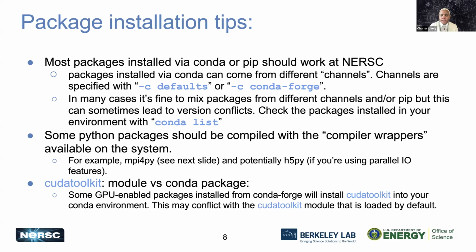One thing that you want to keep in mind, again, is that the version of Python and packages that we have available have different compiler wrappers that are optimized for performance on our system. So, we'll talk about MPI4Py and H5Py as well, but for high performance, we have different wrappers that you can utilize in order to take advantage of some of the more advanced Python components and libraries as well.